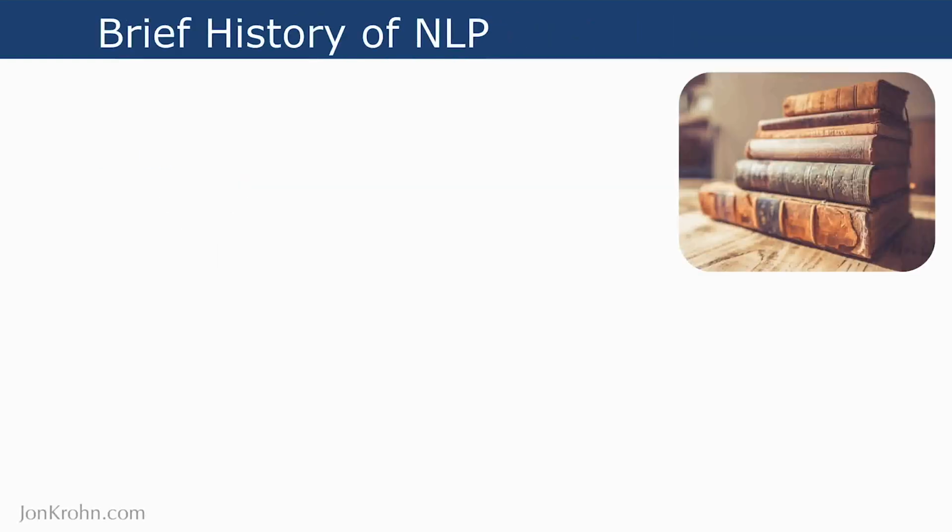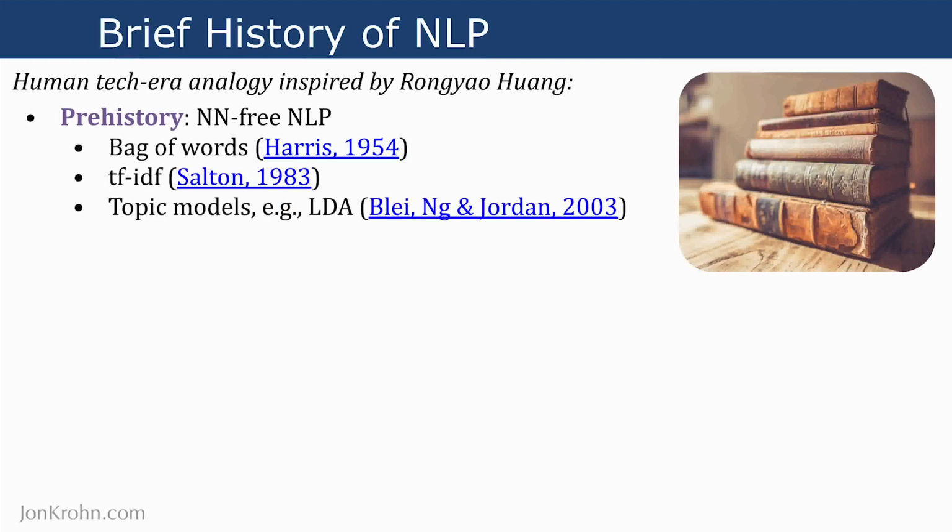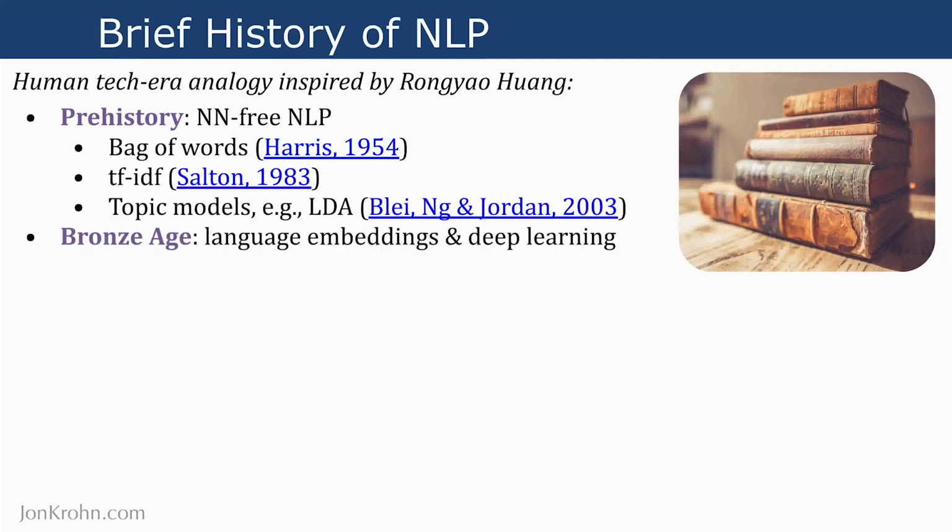All right, we're going to start with the intro, of course. So, a brief history of natural language processing. Prehistory in natural language processing was neural net free. We've had techniques like this since the 50s: bag of words approaches, TF-IDF, topic models like latent Dirichlet allocation. The Bronze Age actually happened relatively recently, just 10 years ago.